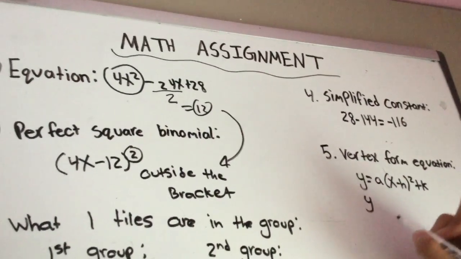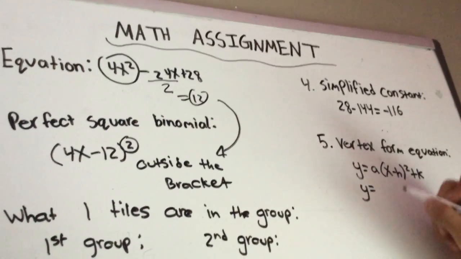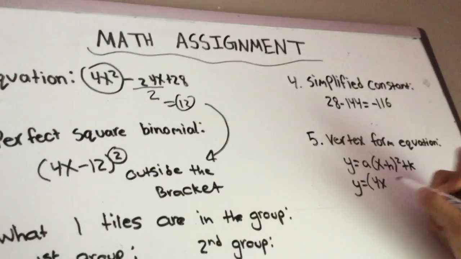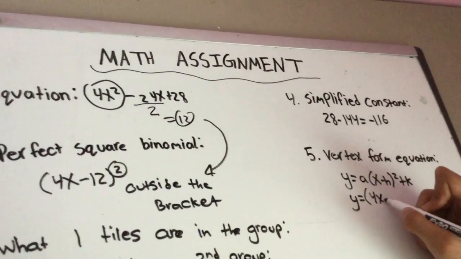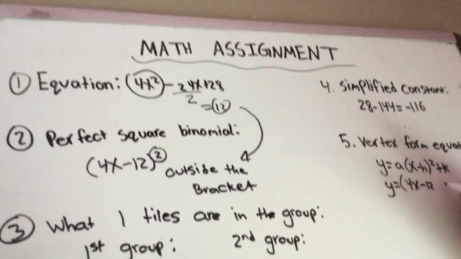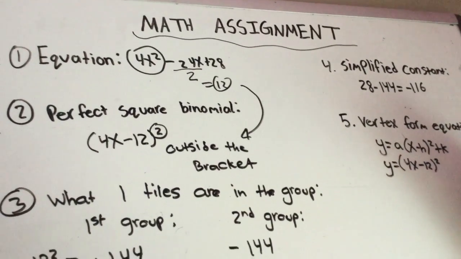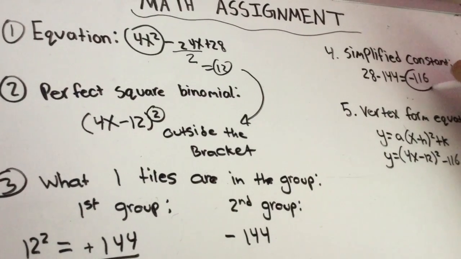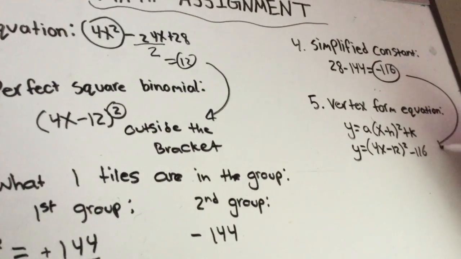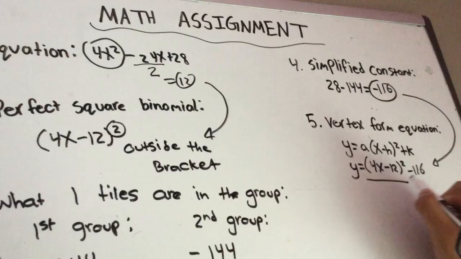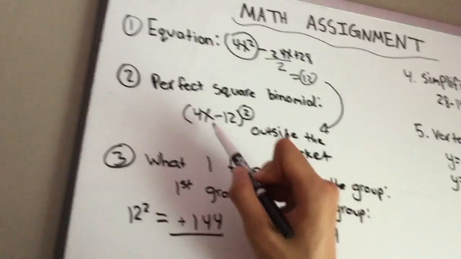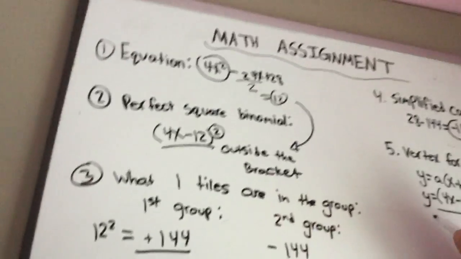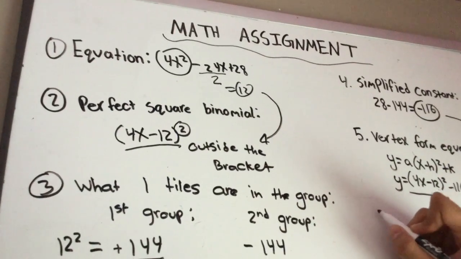And for my equation, from standard form to vertex form, I was able to get y equals 4x minus 12 squared minus 116 from the work that I had done before. And over here I explain how I got this equation from standard form to vertex form.